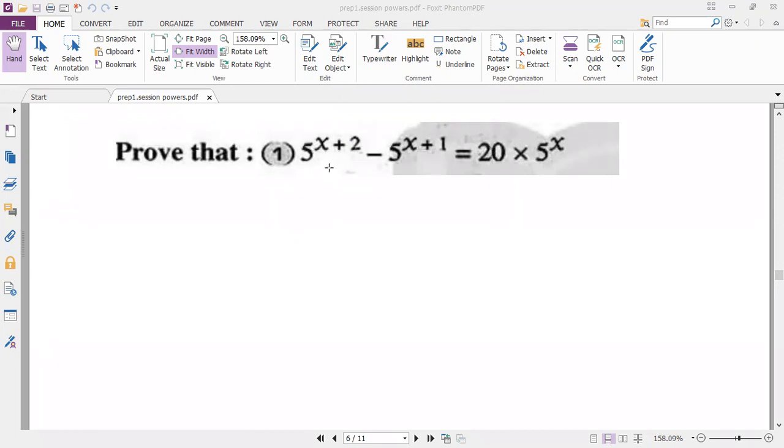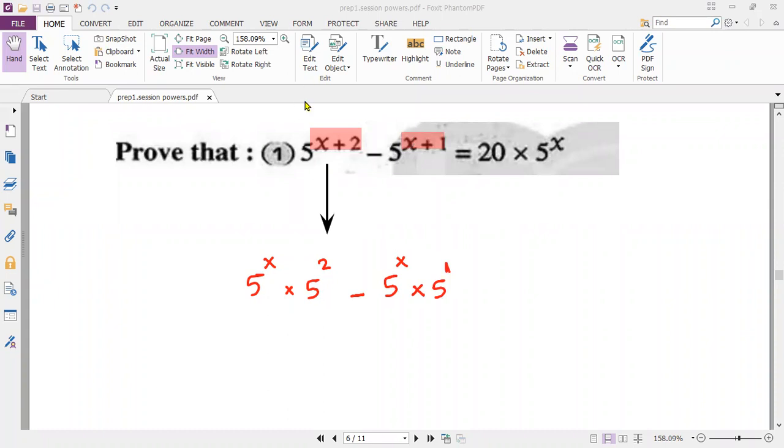So write the first one, 5 to the power of x plus 2, as 5 to the power of x multiplied by 5 to the power of 2, minus. We have 5 raised to the power of x plus 1. We can write 5 to the power of x plus 1 as 5 to the power of x multiplied by 5 to the power of 1.